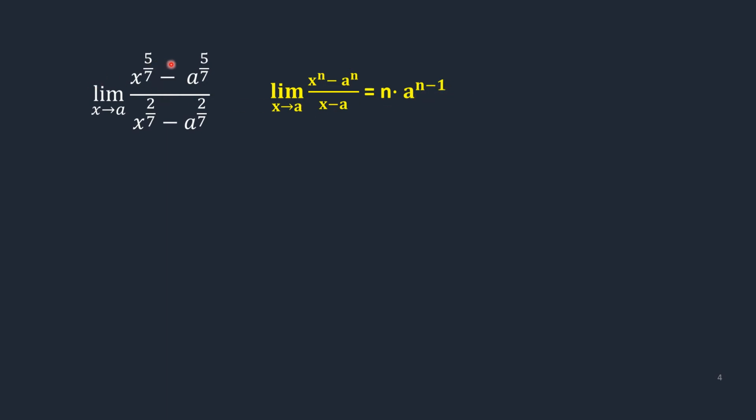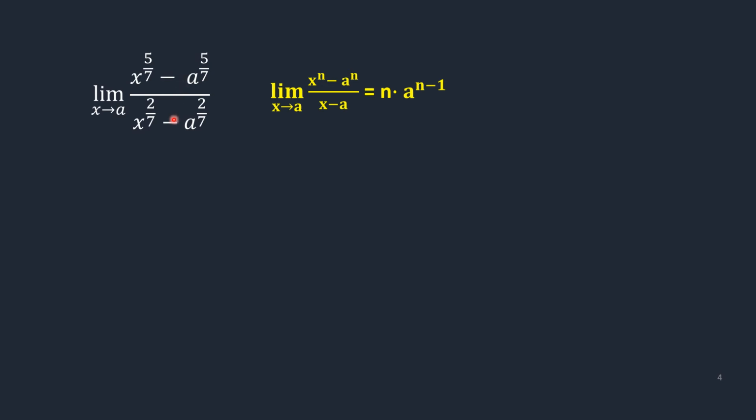Here we observe that in the numerator of the function there is no x minus a term, and in the denominator of the function there is no x minus a term. So we will divide both numerator and denominator by x minus a and write two separate limits in the numerator and denominator.